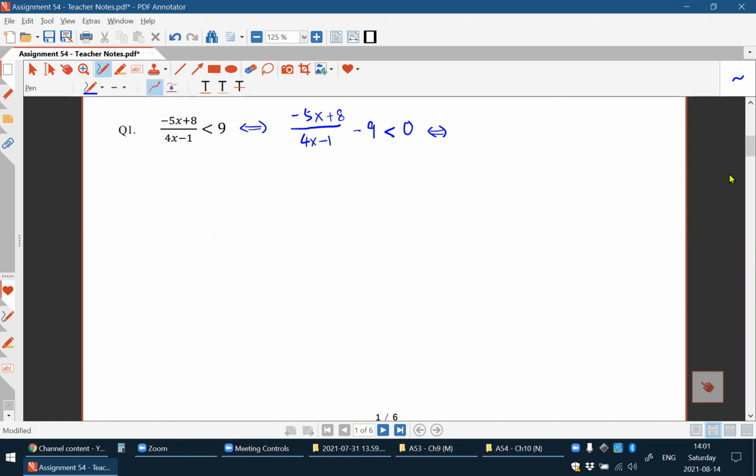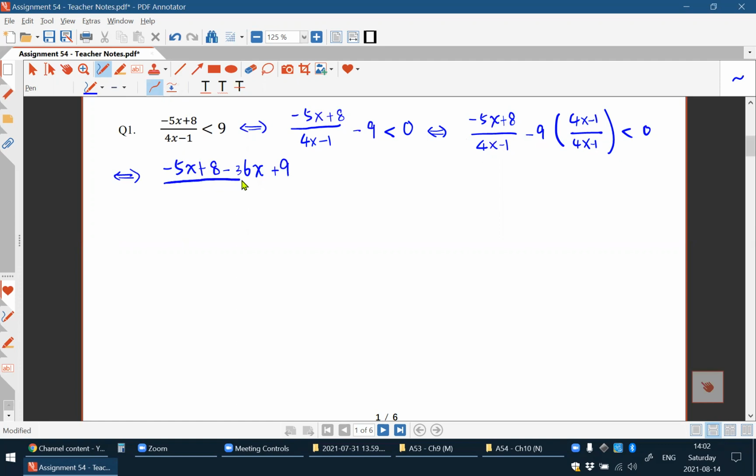So you can rewrite the whole expression on the left-hand side using the common denominator: minus 9 times (4x minus 1) over (4x minus 1), less than 0, which is equivalent to 5x plus 8 minus 9 times 4x is 36x. Minus 9 times minus 1 is plus 9, right? Over the common denominator, which is 4x minus 1. And this ratio should be less than 0.